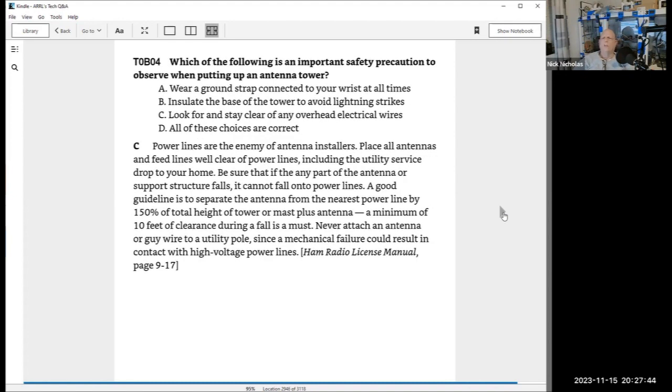Which of the following is an important safety precaution to observe when putting up an antenna tower? My answer here, it says you should look out and stay clear of overhead electrical wires. I'm going to tell you this straight up. Don't put an antenna tower anywhere where it can fall on either an electrical service, power lines, or a residence, because BOCA forbids it.